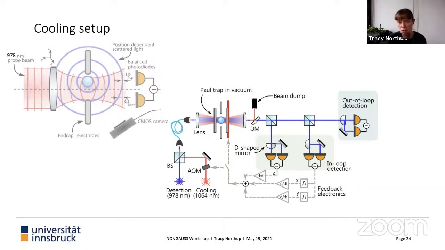And then you see 2 different pairs of these balanced photodiodes. One is used for detection along the z-axis. The second is used for detection along the x and the y-axes, where these are at different frequencies due to the different trap frequencies of our ion trap. So we can spectrally separate out the motion in all 3 directions of the particle.